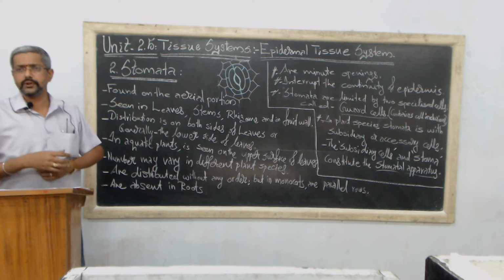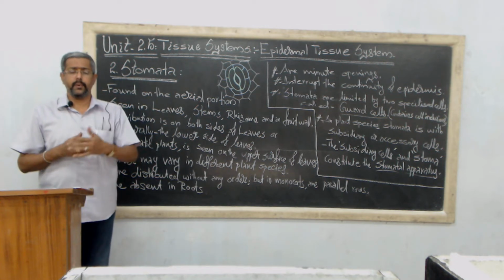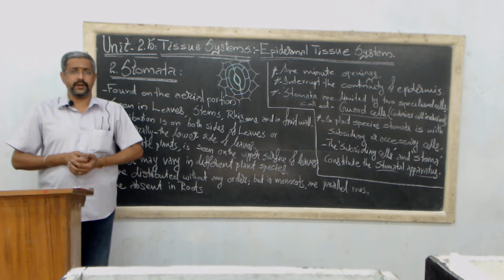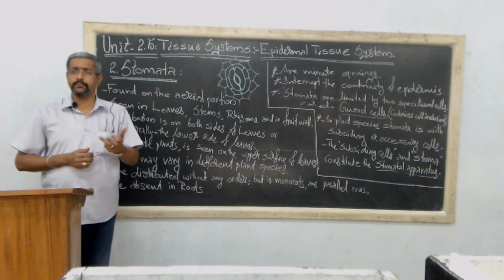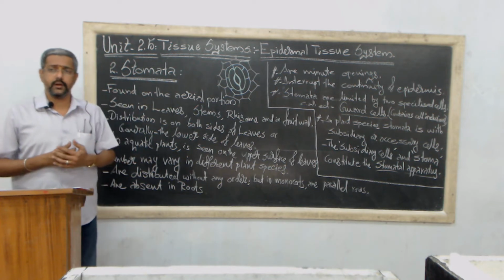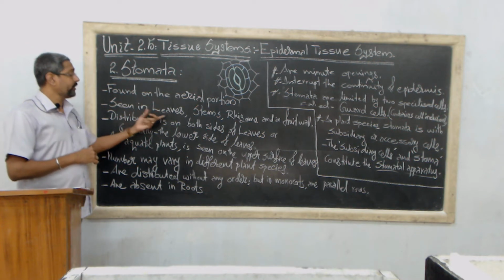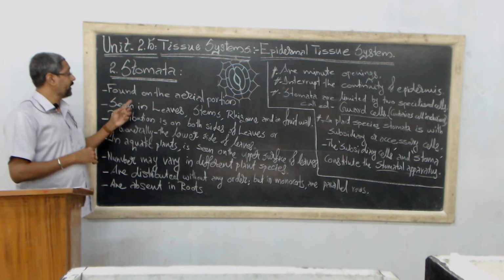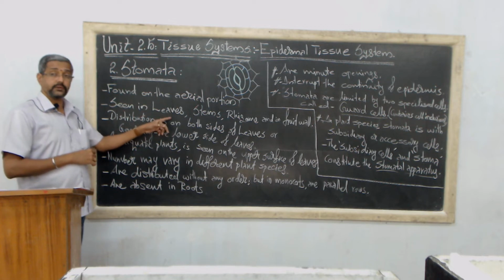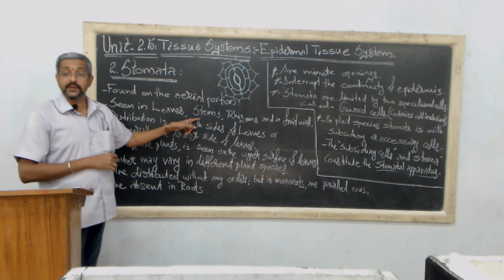The aerial portion contains the different parts of the plant body, such as the stem, leaf, and reproductive structures. Generally, stomata are seen in leaves and also in stems.